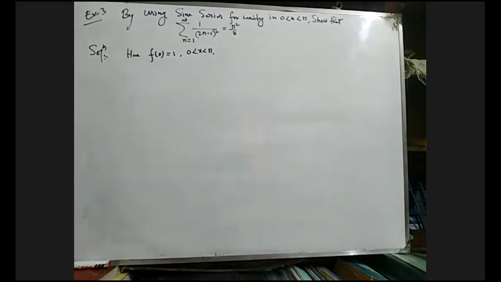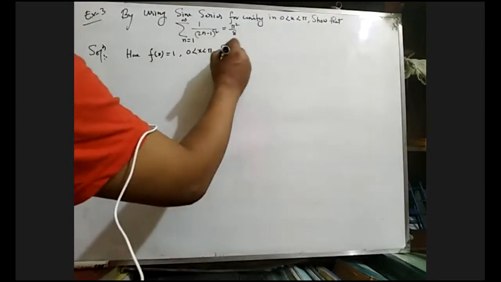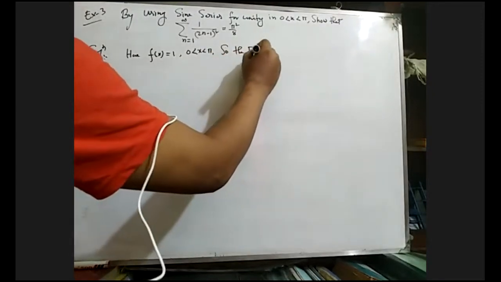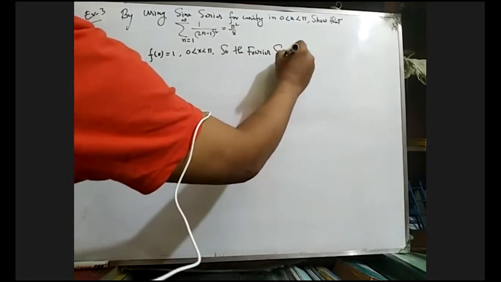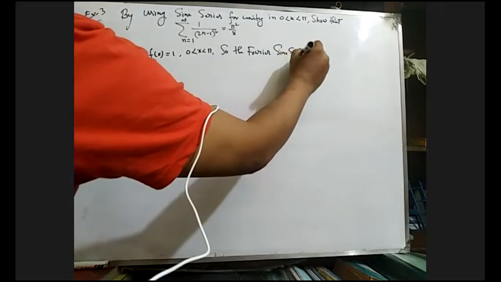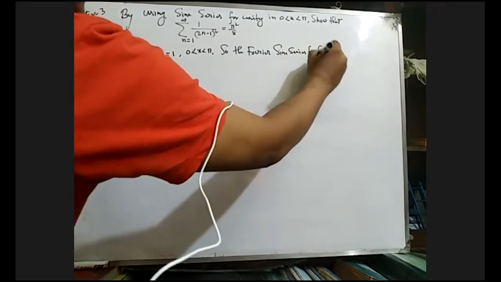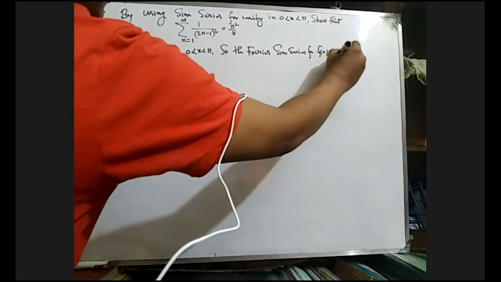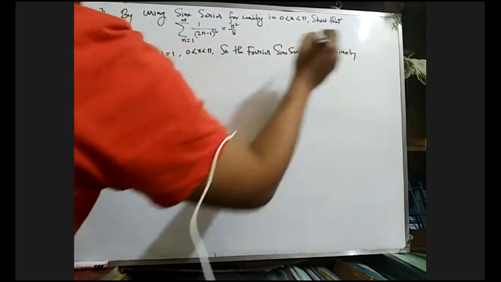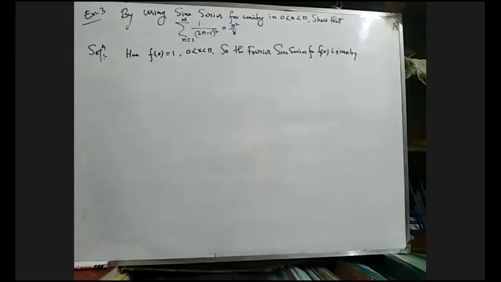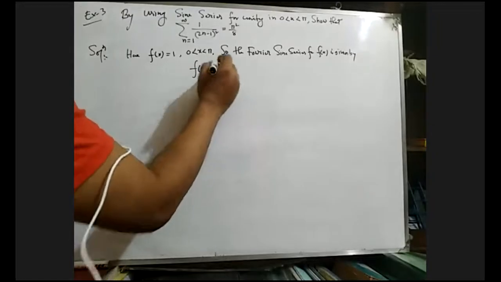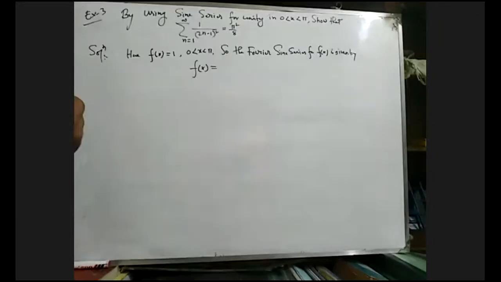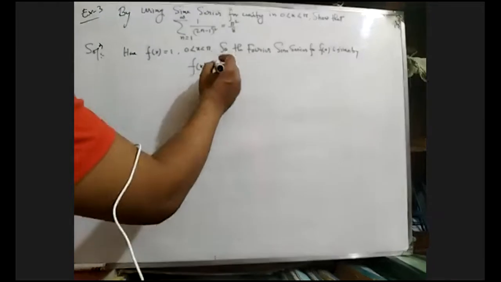So the Fourier sine series for f of x is given by f of x equals, a naught will be 0 and a n also 0.